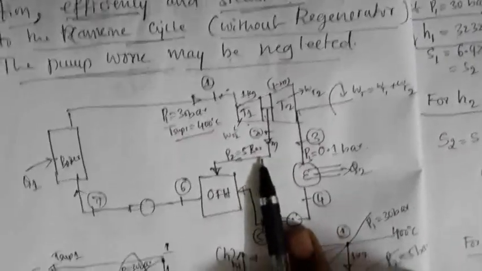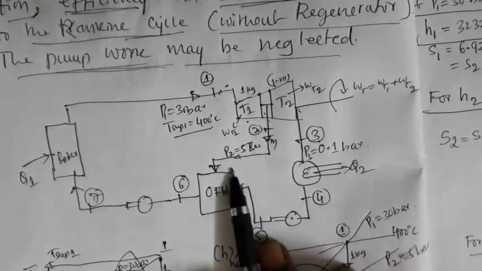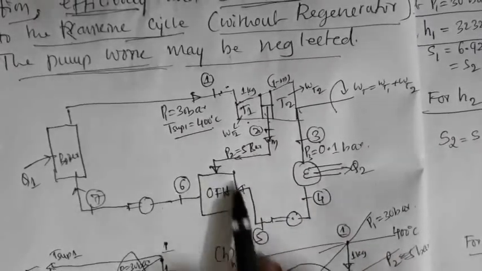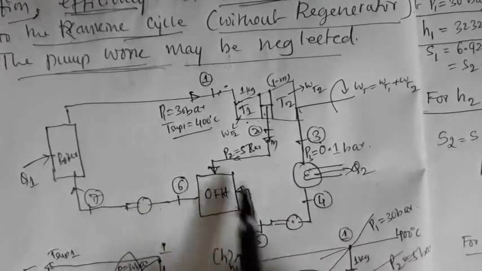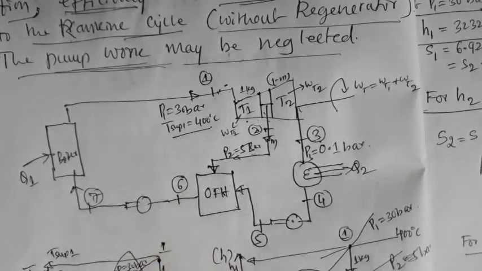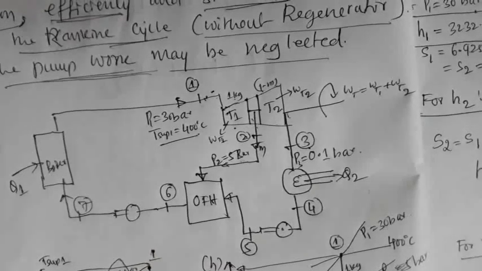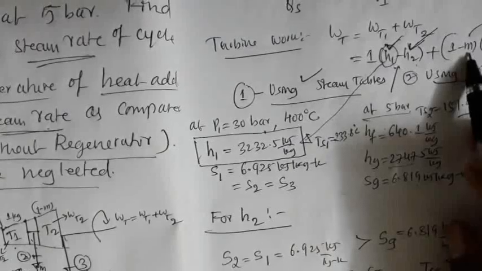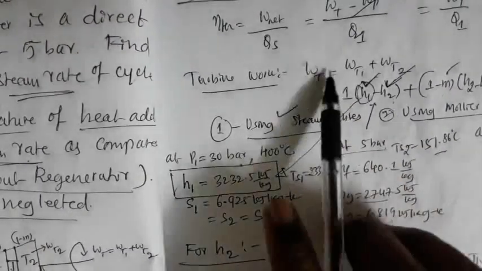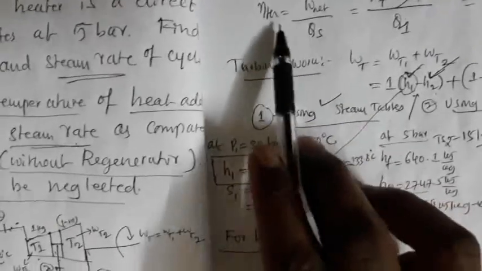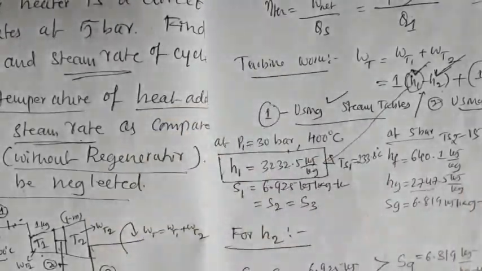So how do we calculate it? Using the open feed water heater, applying an energy balance across it, we calculate the value of M. Let me calculate M so that we will be able to calculate the turbine work, which is essential to calculate the thermal efficiency.